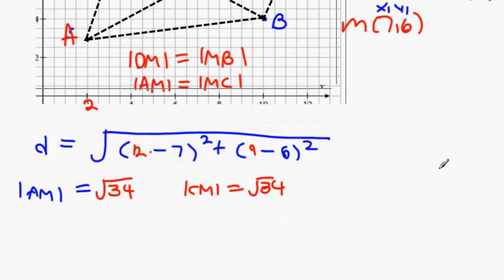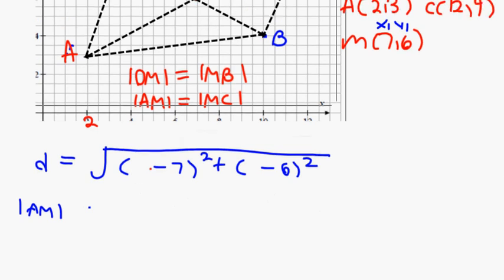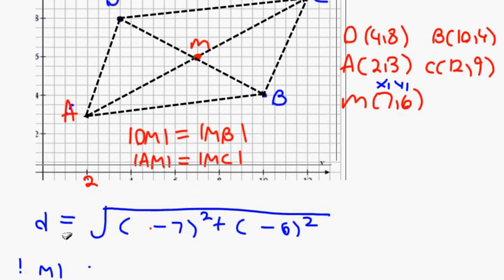Okay. Next part after that, we're now going to look at BM and DM. So DM, which is here, D is 4 and 8, so 4 here, 8 there. When you put that into your calculator, you're going to get 9 plus 4, so the square root of 13.